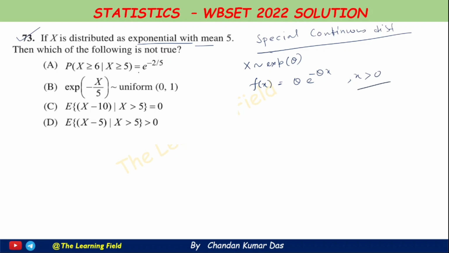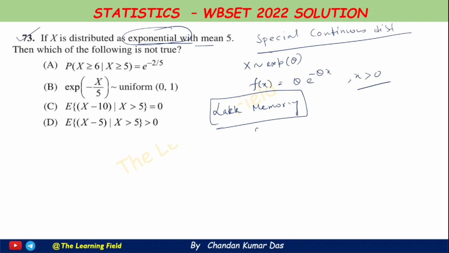We also need another note: the exponential distribution is also called lack of memory, or it lacks memory.